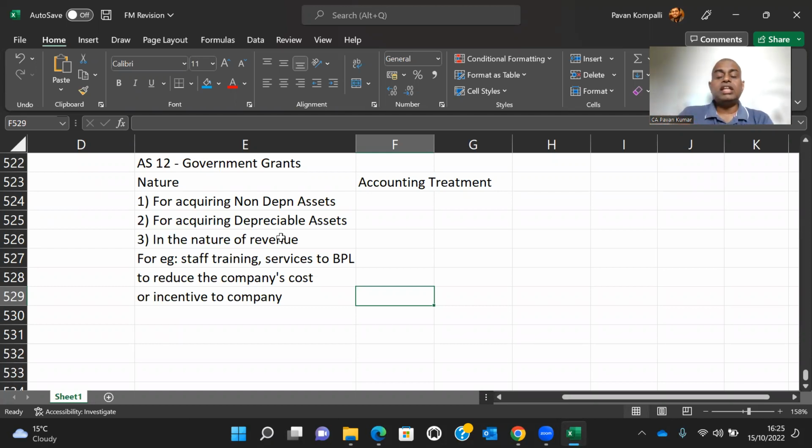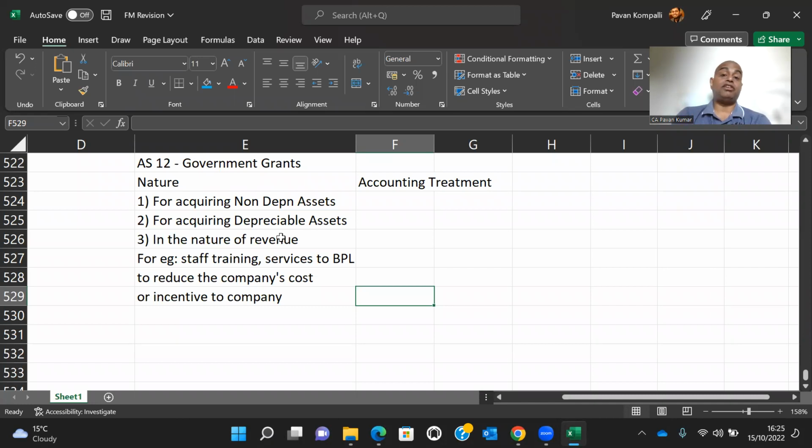So imagine there is a notification. Based on the notification, Pavan, you take 100 students from this below poverty line, 100 students who are economically poor, and you give training to them. You teach them, you coach them, you make them employable, you make them knowledgeable. Pavan will give you 5 lakh rupees.